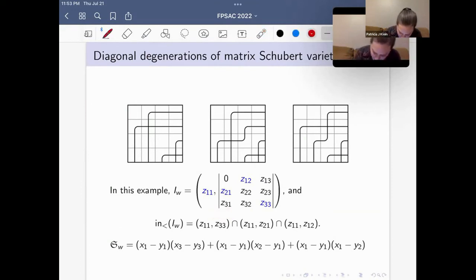And then what we get is 1, 1, 3, 3 gives us 1, 1, 3, 3. 1, 1, 2, 1 gives us 1, 1, 2, 1. 1, 1, 1, 2 gives us 1, 1, 1, 2. So at least in this case, we're getting that a diagonal Gröbner basis is telling us that the Schubert polynomial is coming from the geometry of the initial ideal.